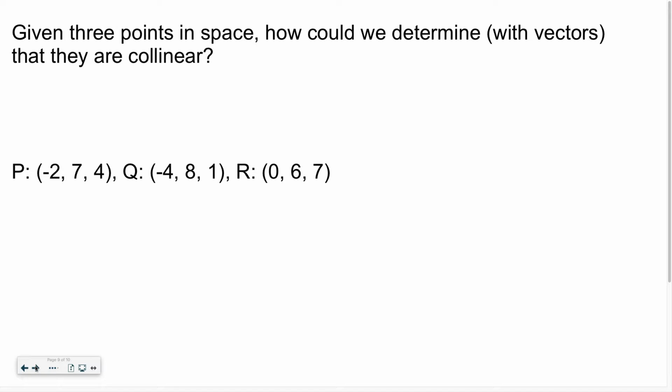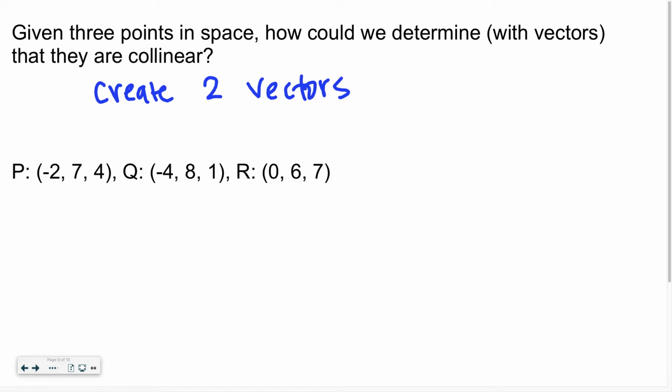Okay, in order to determine if points are collinear, we are going to have to create 2 vectors. Can we create 2 vectors with 3 points? Yes.